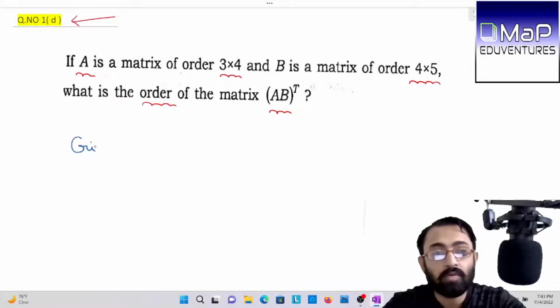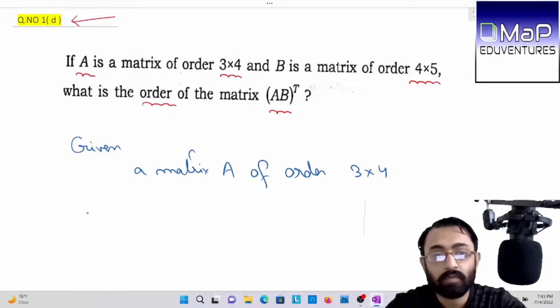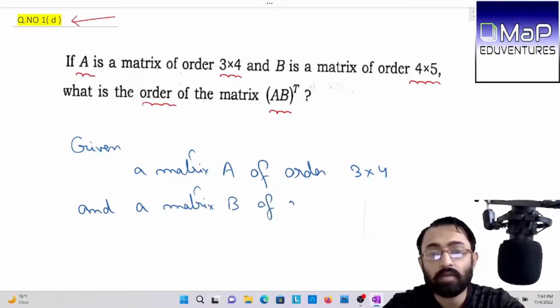Okay, so we can say we are given a matrix A of order 3 cross 4 and a matrix B of order 4 cross 5.